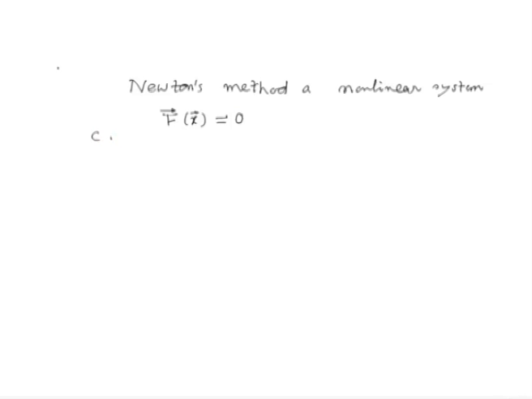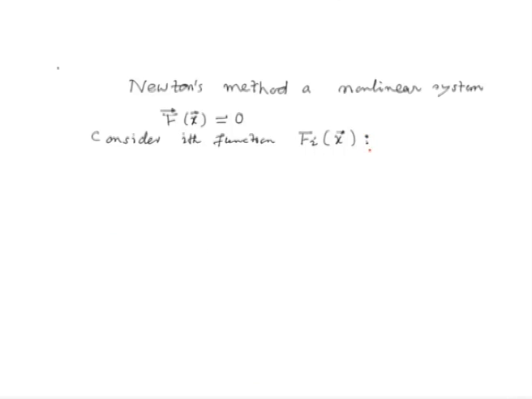So, consider the ith function, that is your f_i(x). Now, this f_i can be thought of as a function of many variables x1, x2 and so on, where x1, x2 are components of vector x.